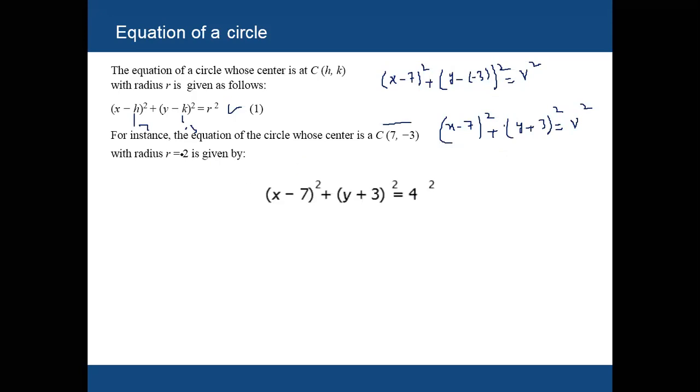Correct. If the radius is given, that r is equal to 2, how can you write it? You can write x minus 7 whole square plus y plus 3 whole square equal to 4 square.